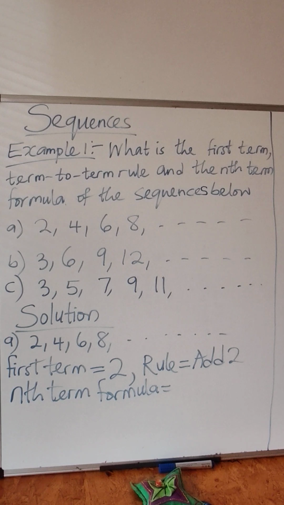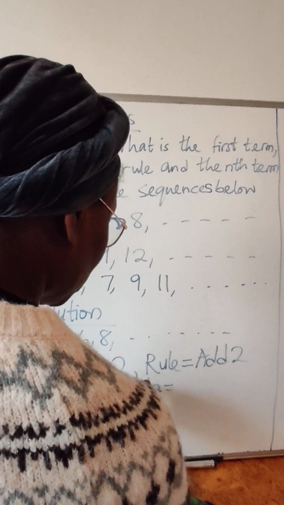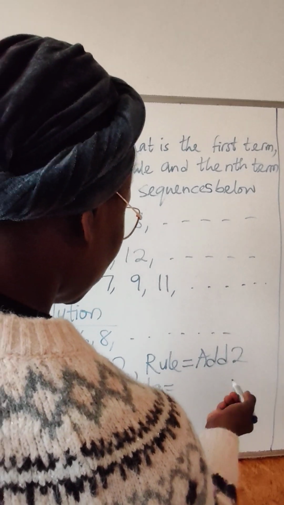What is the first term, which is the starting point? It is also 2. So when the rule and the starting point are the same thing, 2, the first term is 2 and the rule is 2.